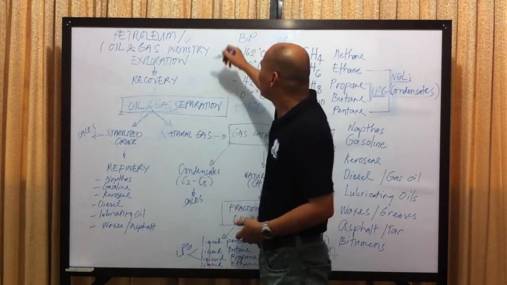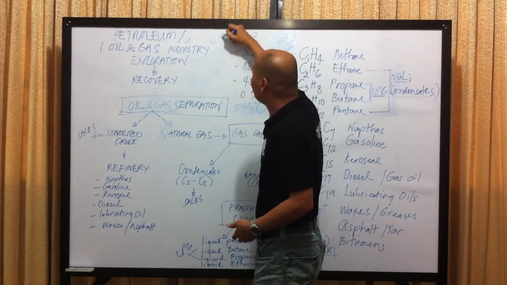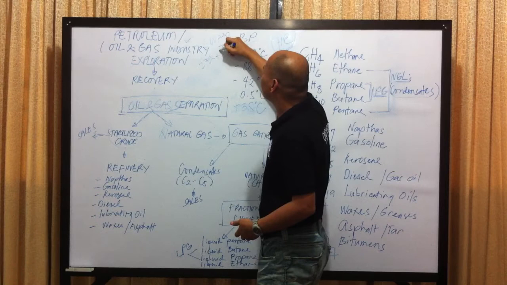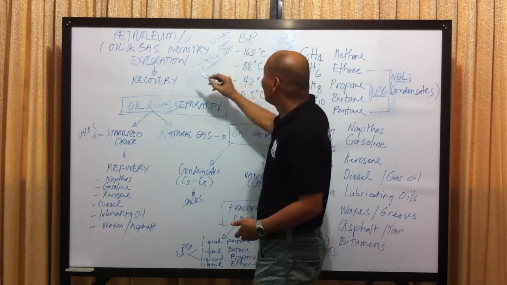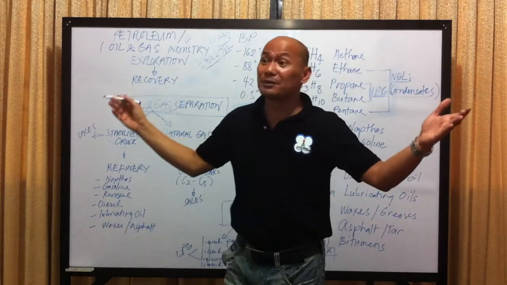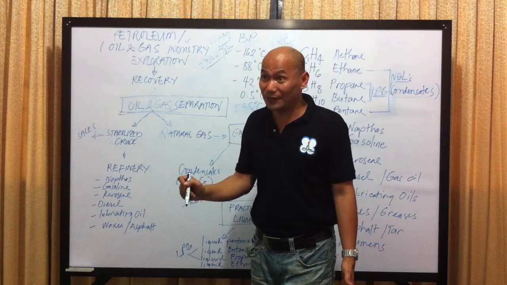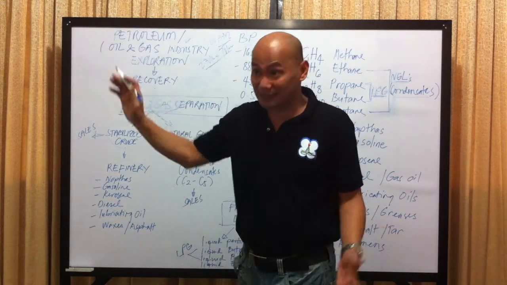A perfect example is the Ghawar field, the largest oil field in the world, with a 70 kilometer by 70 kilometer area. They have measured an oil deposit of 7 billion barrels of oil. The Kingdom of Saudi Arabia produces 2 million barrels a day from this oil field.